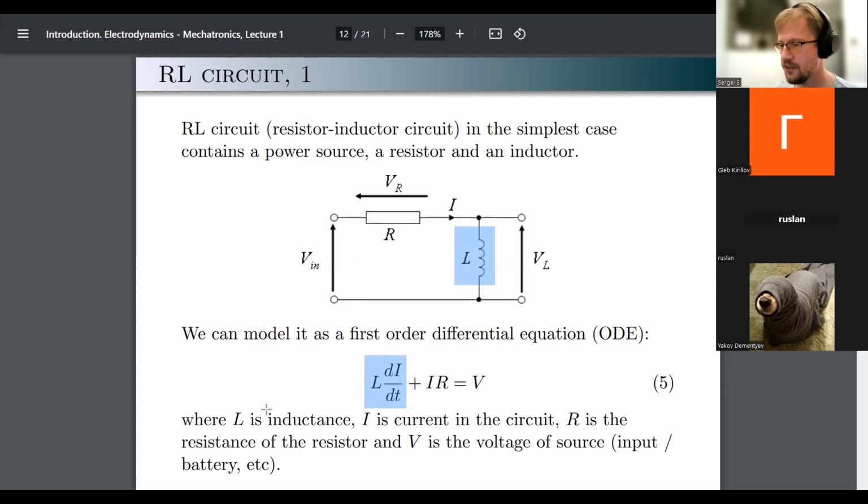L is just a coefficient of the inductor; it has to do with the physical dimensions, mostly the number of coils. So this part describes the behavior of the inductor.